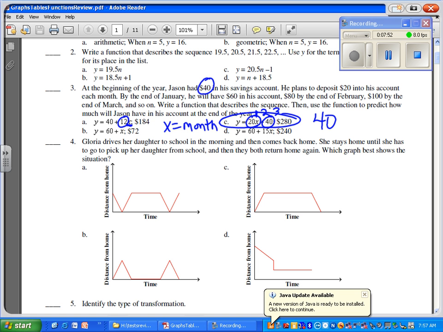So please evaluate every one of these. $60 plus a month is not going to be right. And this 60 is not right. We're starting with $40, so it's between A and C. And he's putting $20 in each month, not $12. All right, so your answer is going to be C for that one.